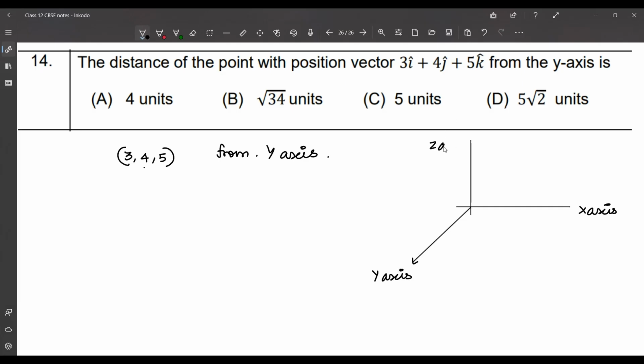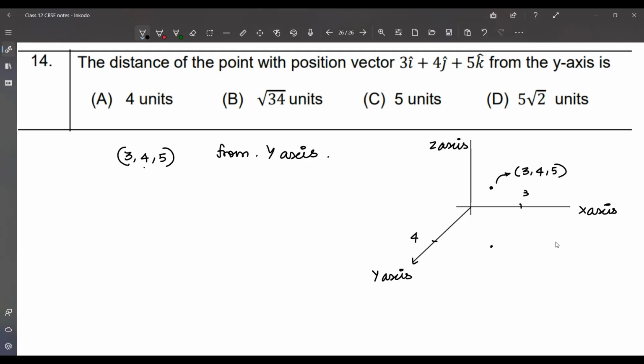The point is 3 units along the x-axis, 4 units along the y-axis and 5 units along the z-axis. So this point is (3, 4). This is 3, this is 4 and I'm going to elevate it by 5 units along the z-axis. So it becomes here. So this point is (3, 4, 5).